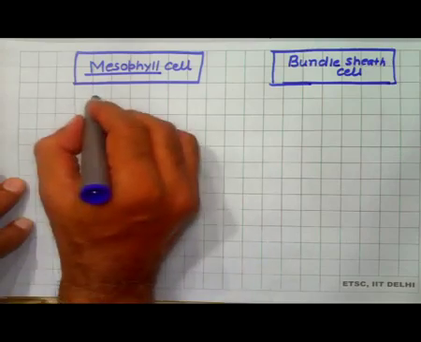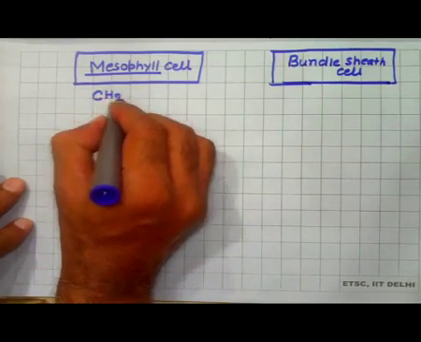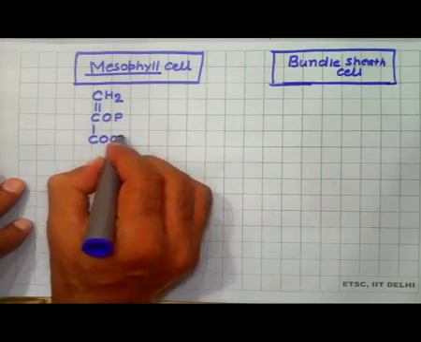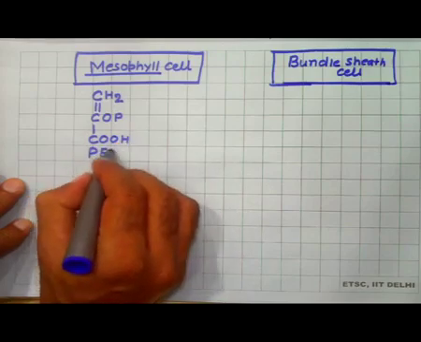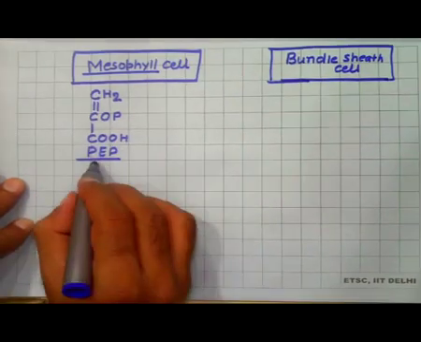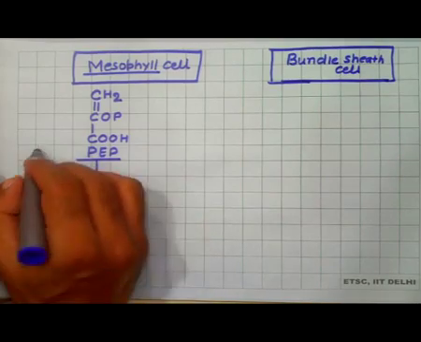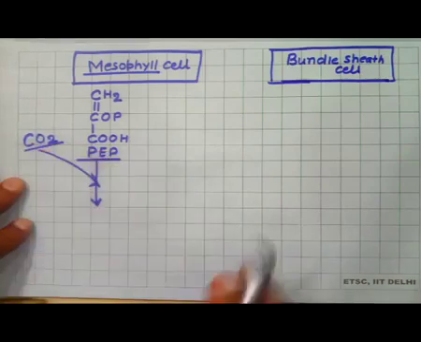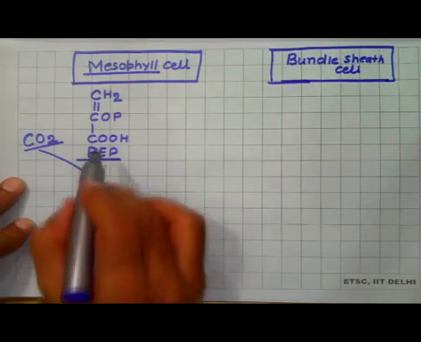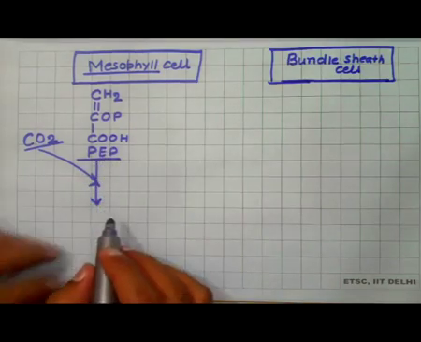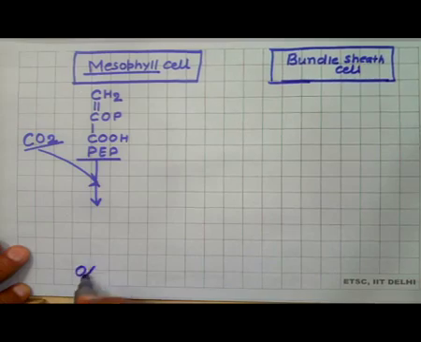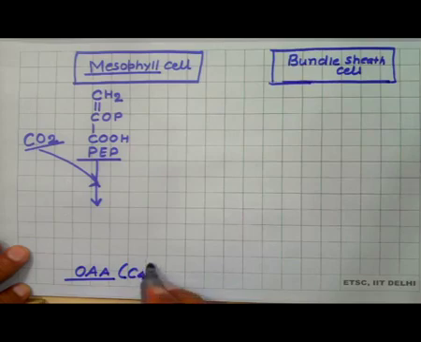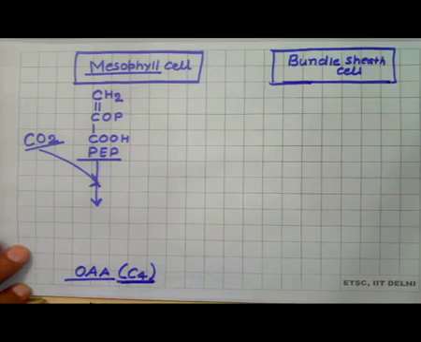The freshly formed PEP, phosphoenol pyruvate, receives the carbon dioxide and combines with carbon dioxide to form oxaloacetic acid, OAA. This is a carbon 4 compound. So, this cycle is known as C4 cycle.